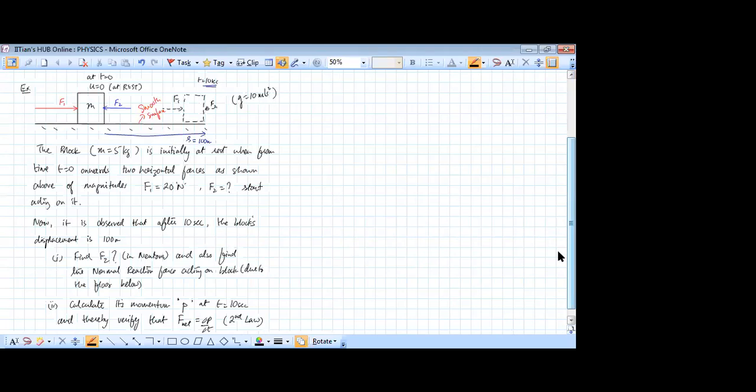Both the parts are correct. Yeah, Bhageshi, normal reaction is correct, no?